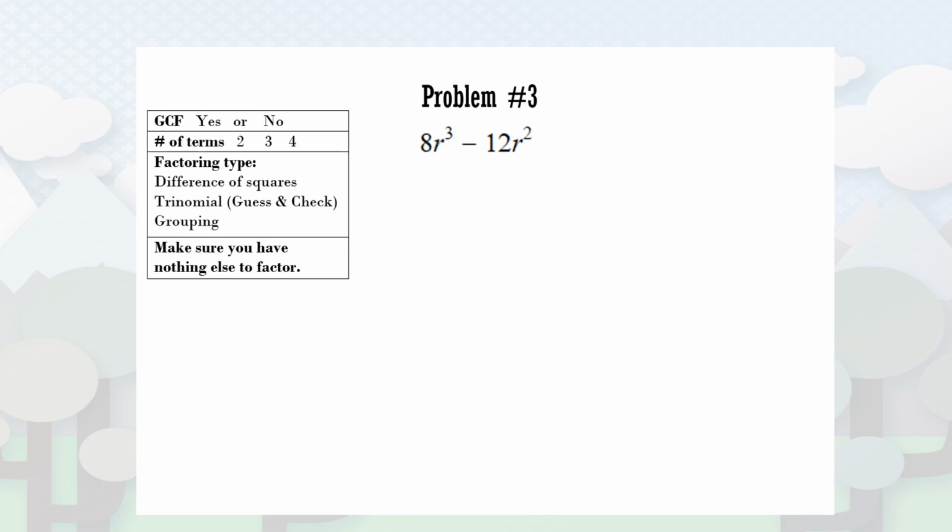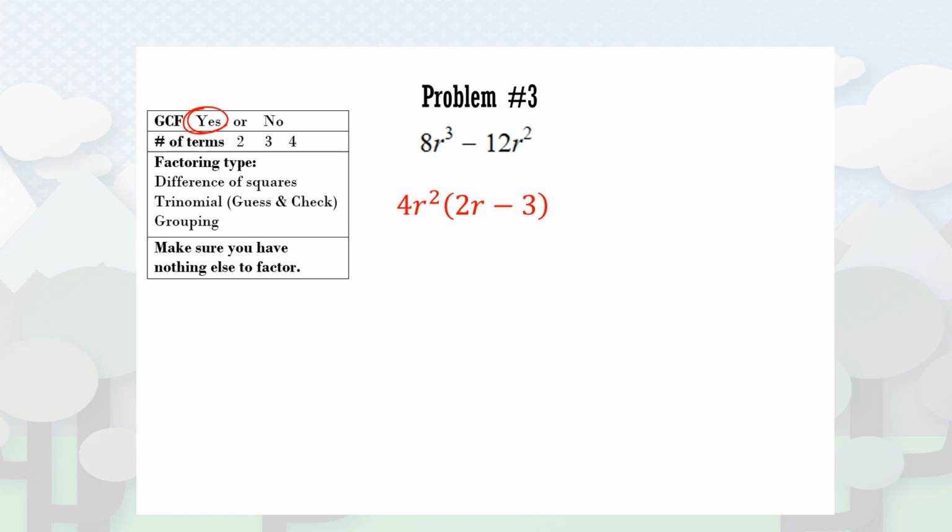All right, so on this one, problem number 3, there are 2 terms, but again, I want to look for a GCF first, and I can see, yes, there is going to be something we can divide by. We can, looks like, divide them both by 4, and they both have a common variable. So if we take out 4r squared, we're going to be left with 2r minus 3. Okay?